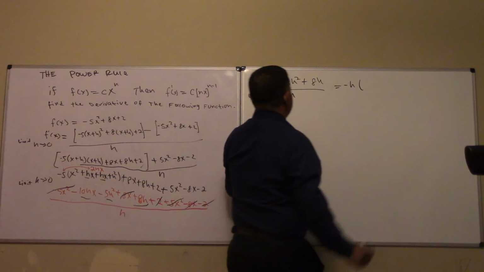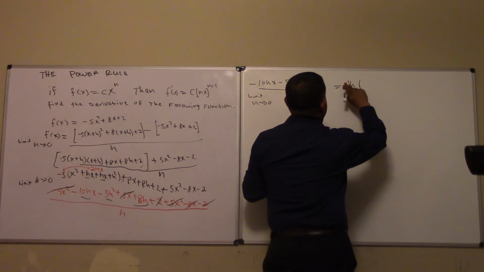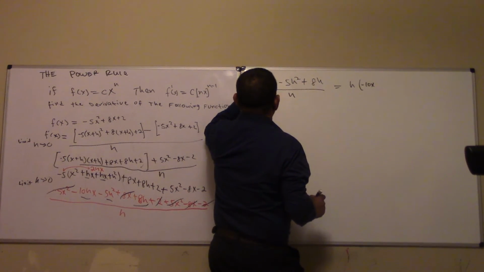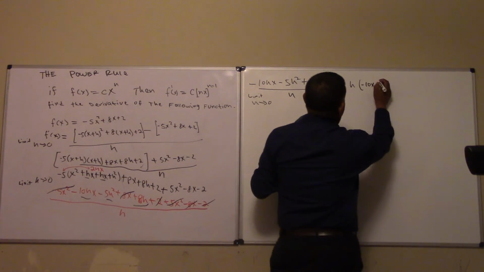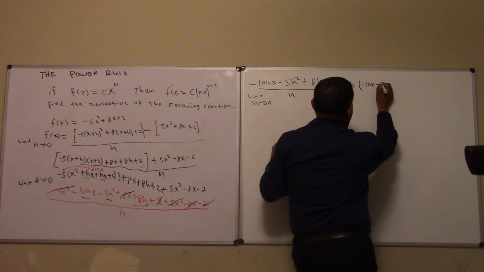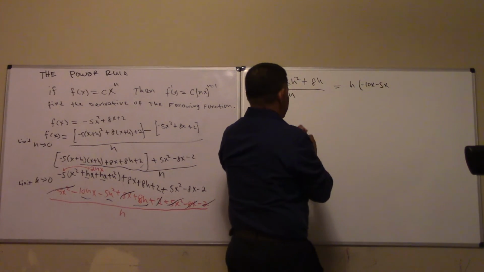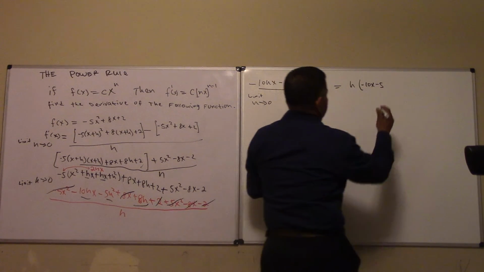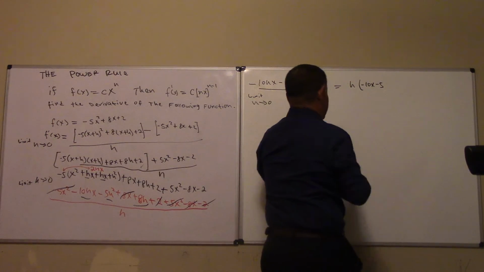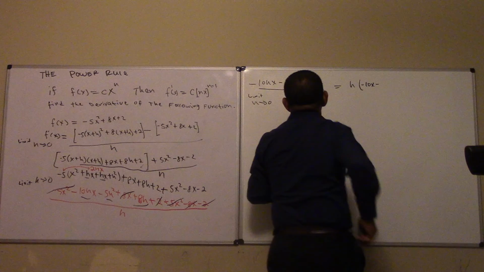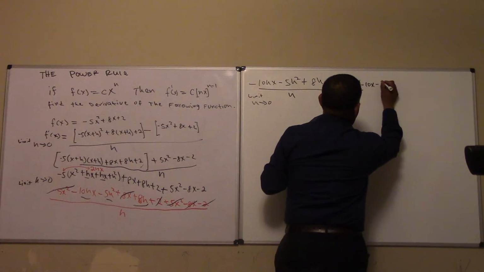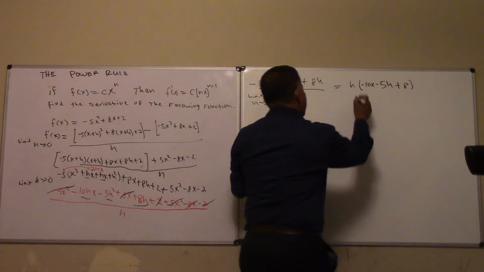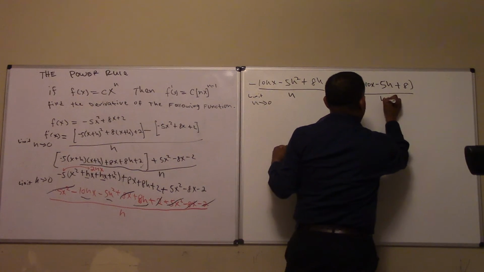H comes out, and that becomes negative 10x, negative 5h, because I am factoring out h, plus 8, right? Now this gets over h, right?